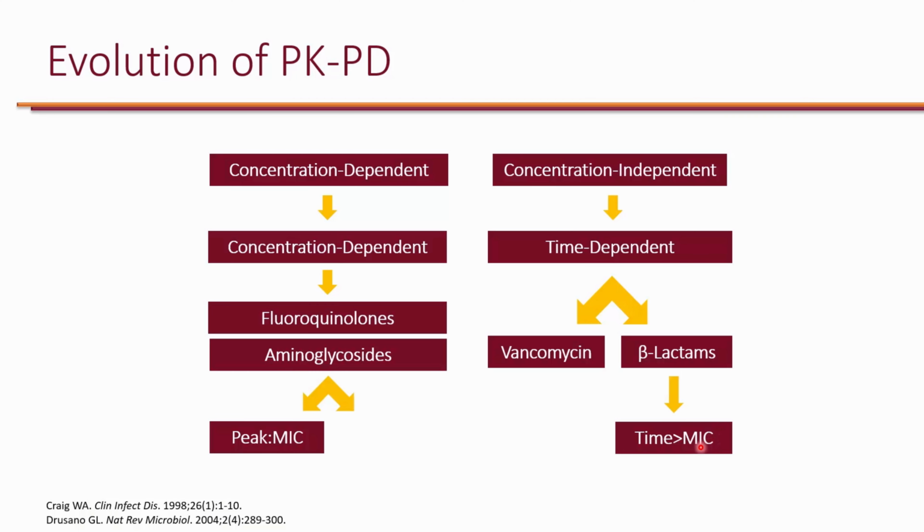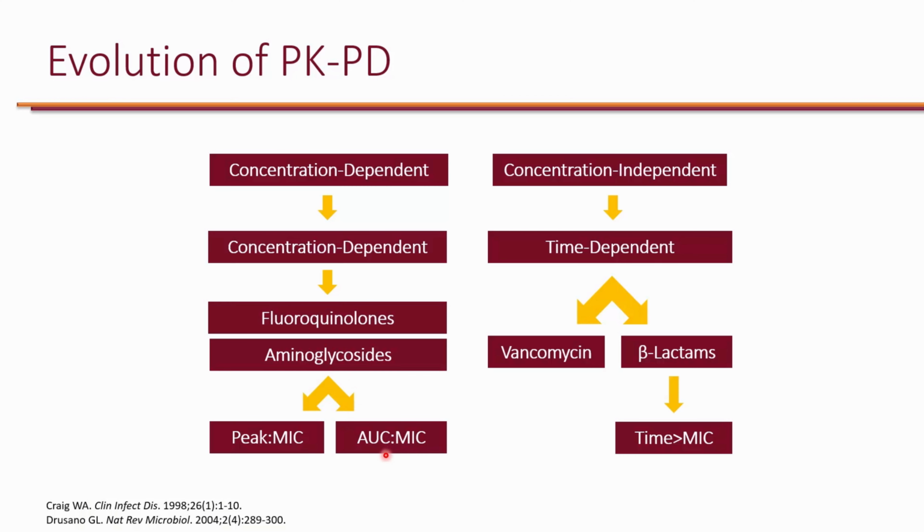Now compare that to concentration dependent. If you have a high concentration, the ratio of peak concentration to MIC, the higher this ratio, the more it will result in the maximum amount of killing. And then there's the concept of AUC, or area under the curve to MIC ratio, which is used for aminoglycosides and fluoroquinolones, which I will explain more.